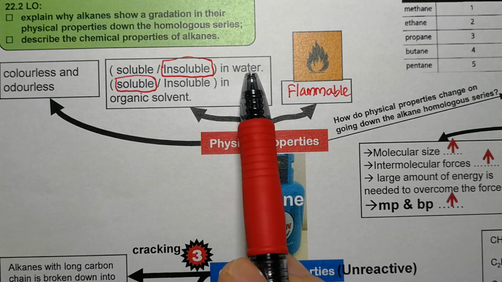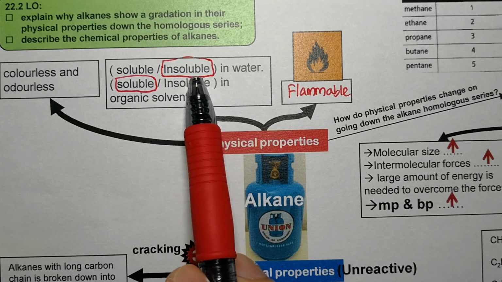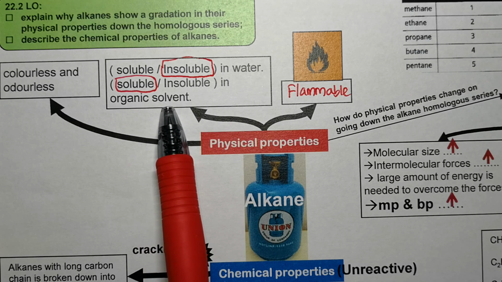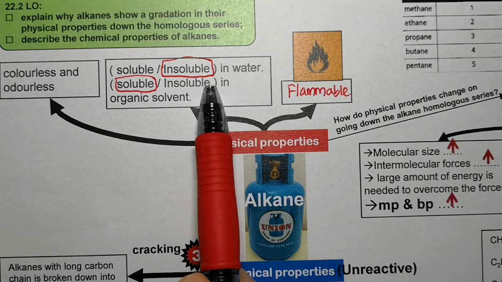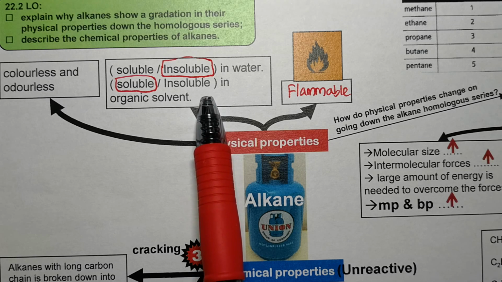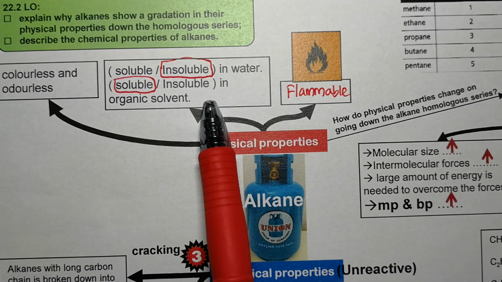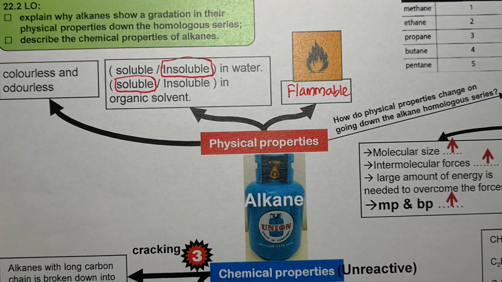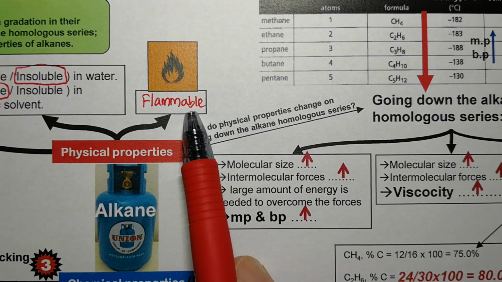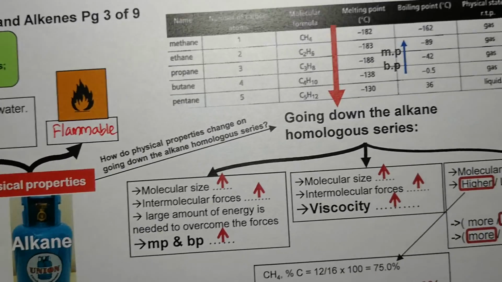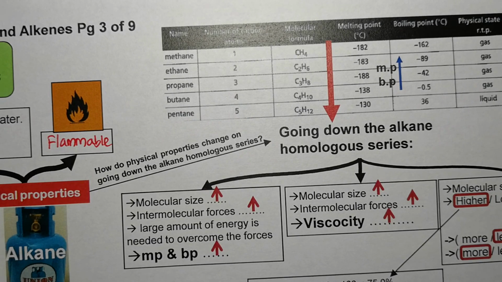And then they are insoluble in water, soluble in organic solvent. So this is basically the properties of a covalent simple molecule. Okay, simple molecule like carbon dioxide. It is insoluble in water, soluble in organic solvent. And physical properties, flammable.